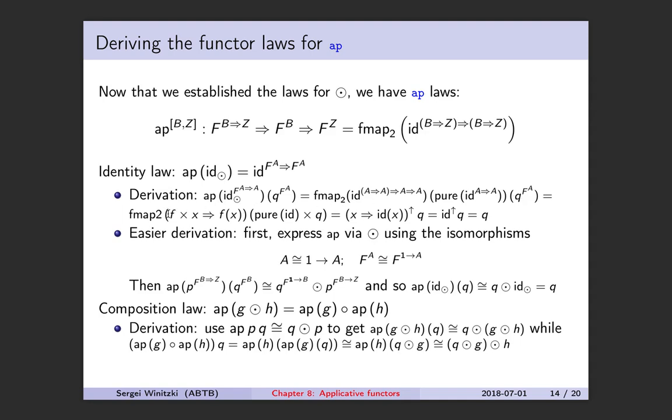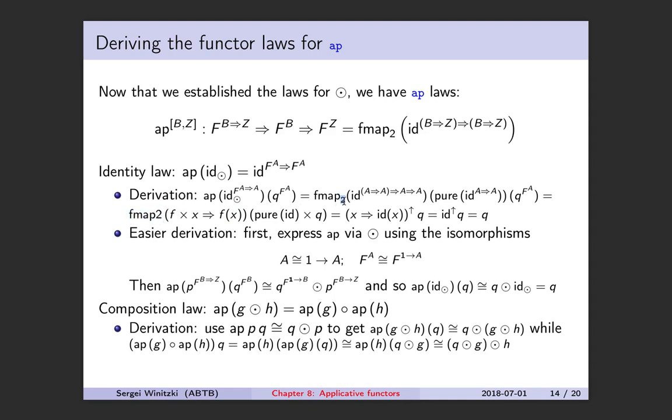So let's write it all out. We have this Fmap2 of this function. Now, identity of this type is actually this function, if you think about it. But we uncurried it, so we need to uncurry because we want Fmap2, which is uncurried.